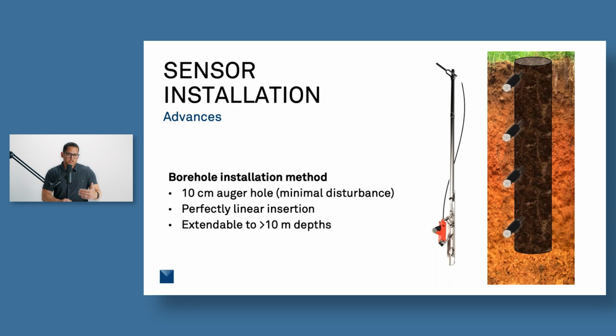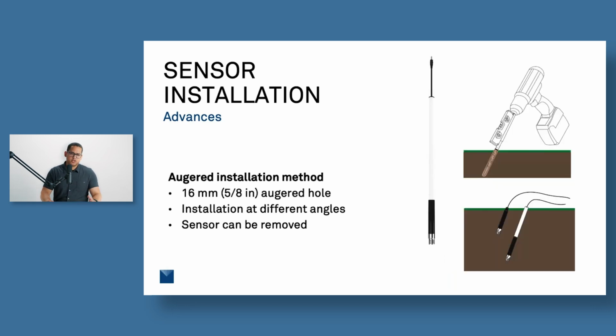What's also nice about this tool is we can extend it up to 10 meters to install at really deep depths. I actually have a project in a couple of weeks where we'll be installing down to about 7 meters. To be able to do that and minimize your site disturbance, it's important to have the right tools to make these measurements.